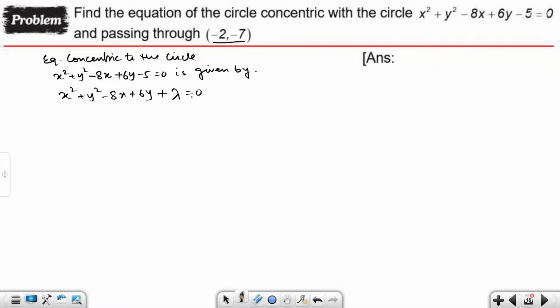Correct? Now, as it is passing through the point -2, -7, it must satisfy this equation. So put -2 in place of x and -7 in place of y to get the value of lambda.